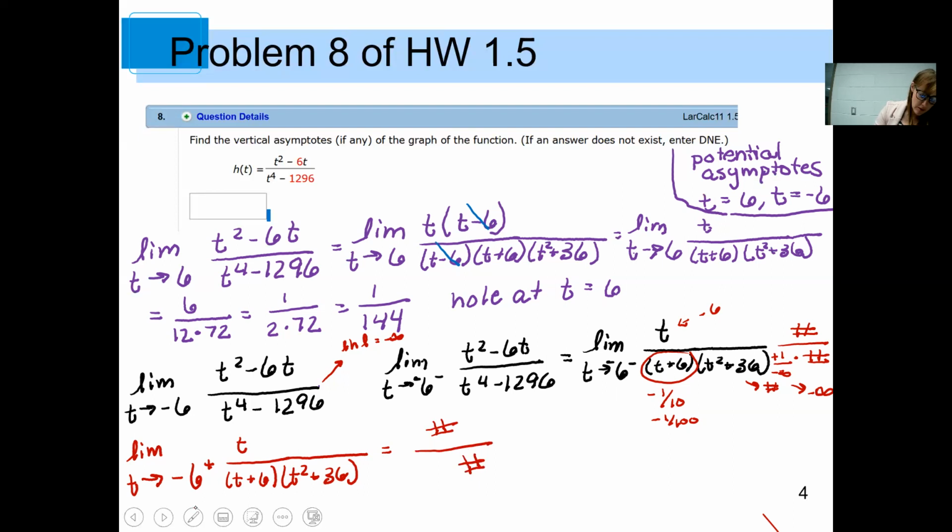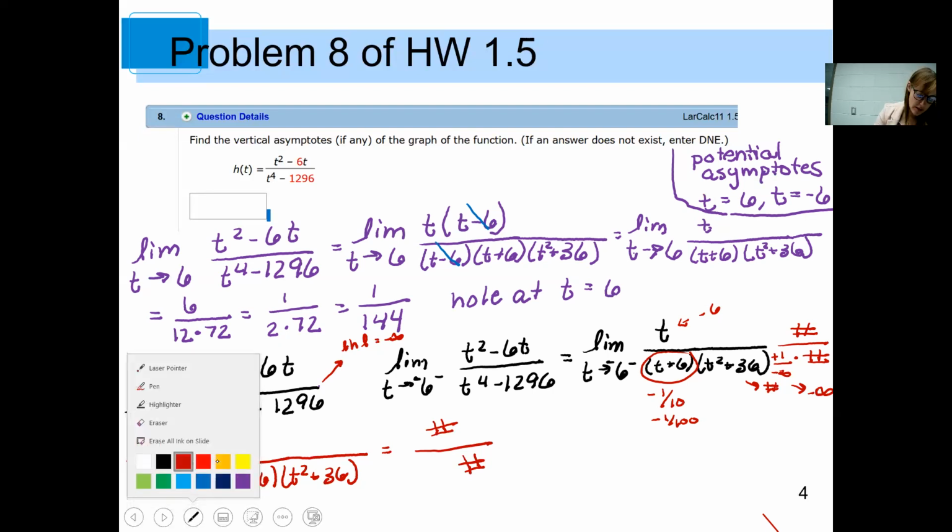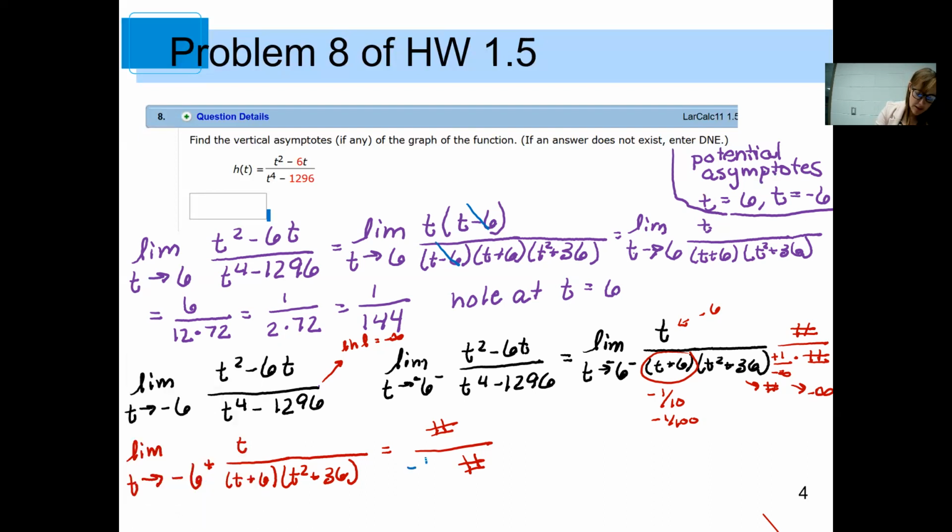Well, because -6 plus 6 is 0, we're looking at values just slightly above -6, like -5.9, -5.99. And when we add 6, this is really going to be positive, like +1/10, or really like 1 over infinity, but positive. And so when we take that constant divided by that 1 over infinity, it's going to approach infinity.